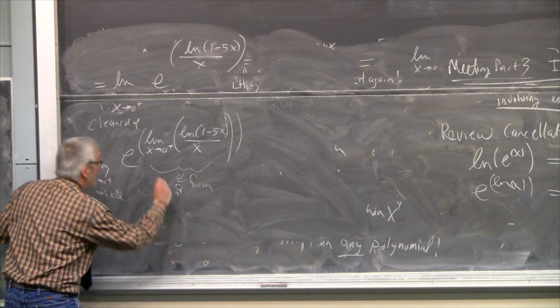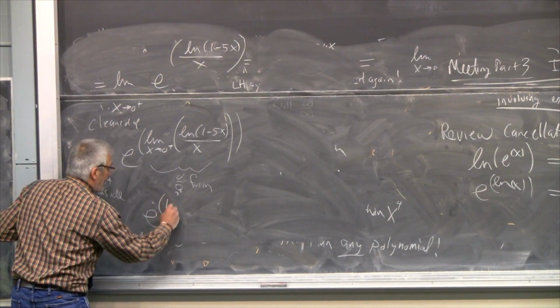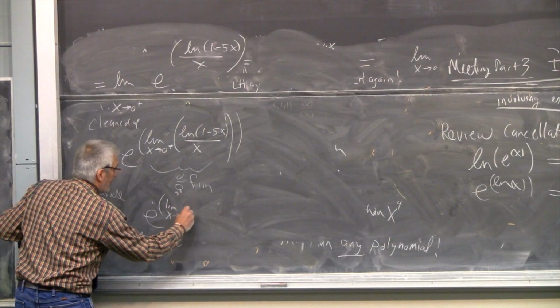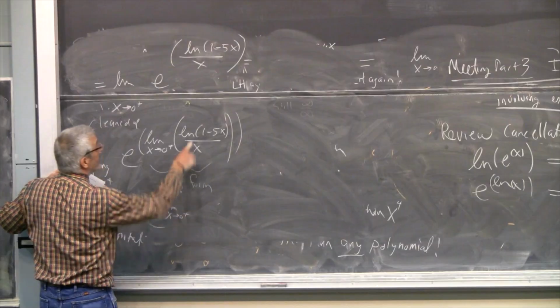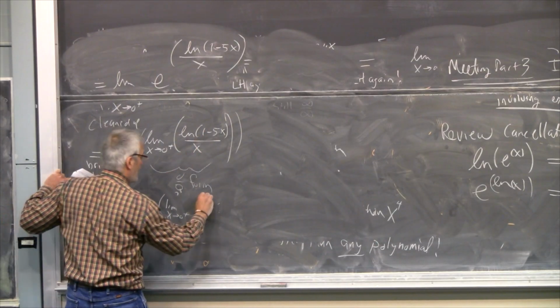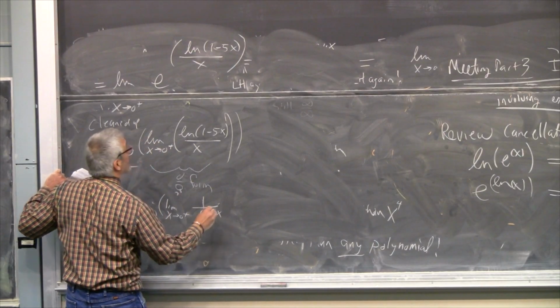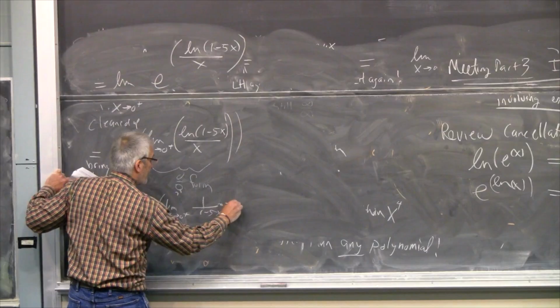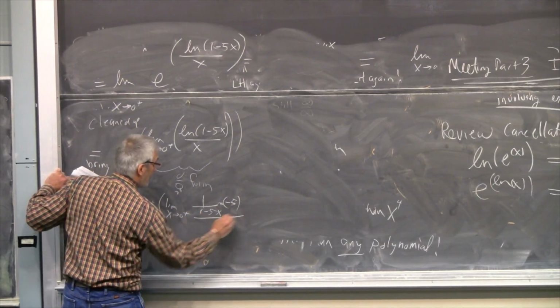So I have e, and in the parentheses, I have the limit as x approaches 0 from above. The derivative of ln of this is 1 over 1 minus 5x times minus 5. And the derivative of the thing on the bottom is the number 1.